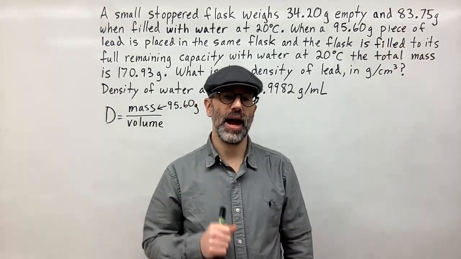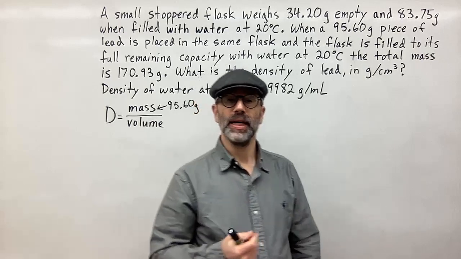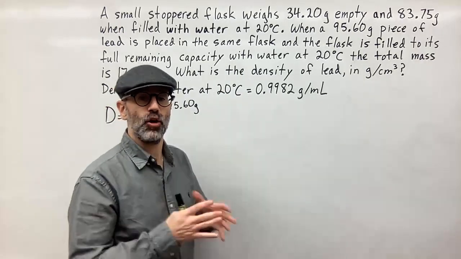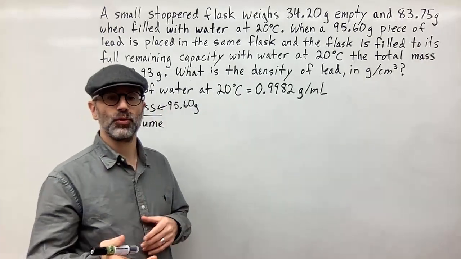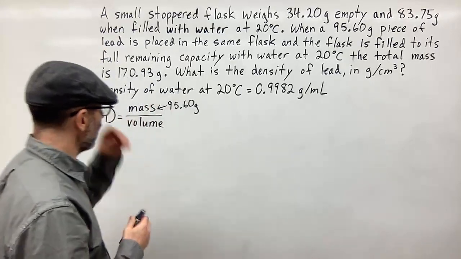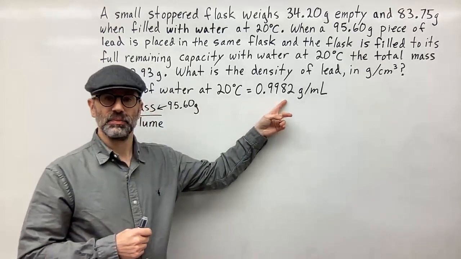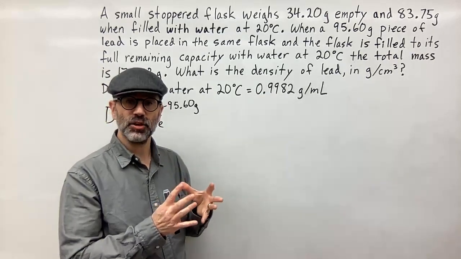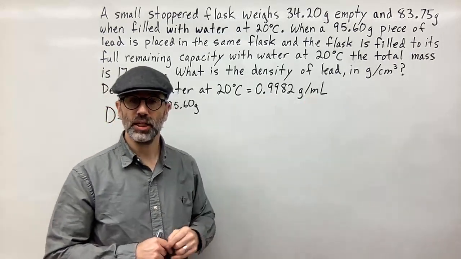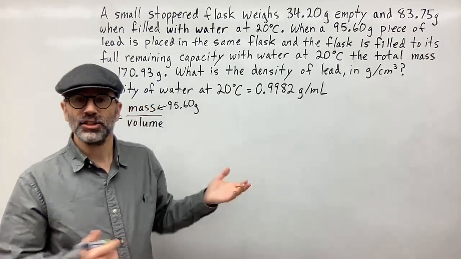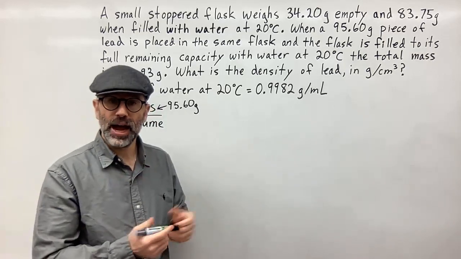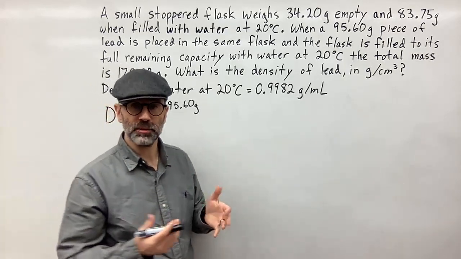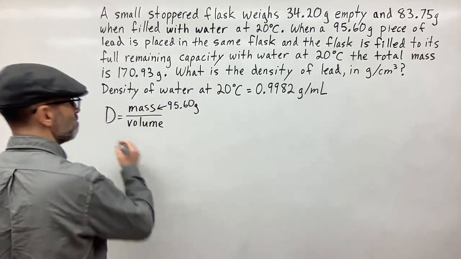So we can find the mass of the water in the flask. If we know the mass of the water in the flask that's at 20 degrees Celsius, they gave us the density. So we can use the density to convert the mass in grams to milliliters. And so we got the volume of the flask that's taken up by the water. So let's go ahead and do that.